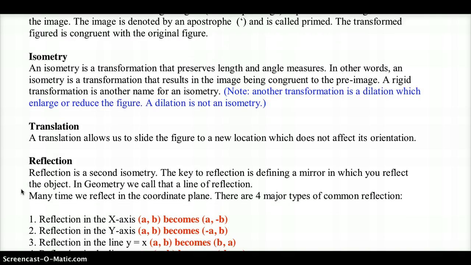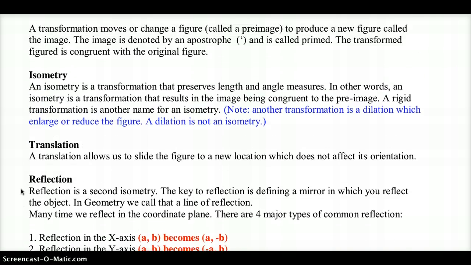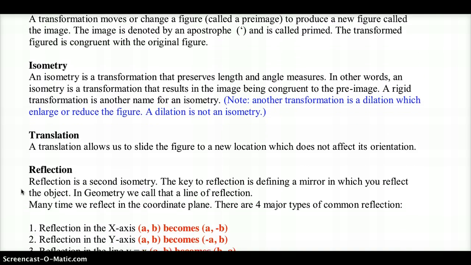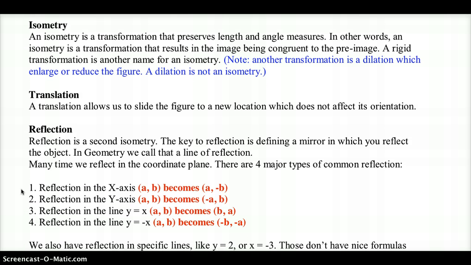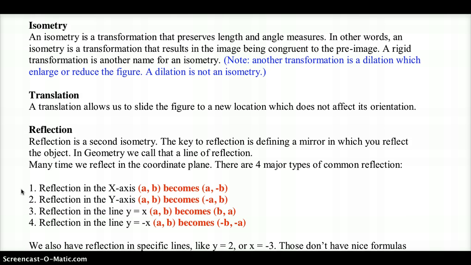A term you also need to know when we're talking about transformation is isometry. An isometry is a transformation that preserves length and angle measure. That means if we move a figure, we're not going to change it. We're not going to increase or decrease it.